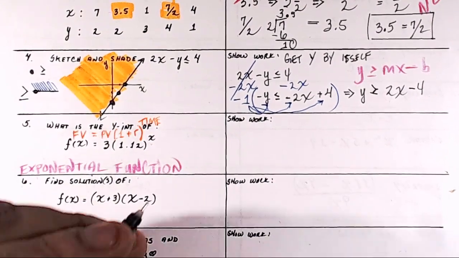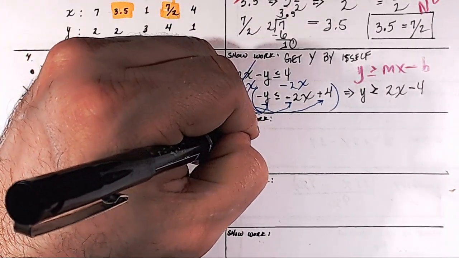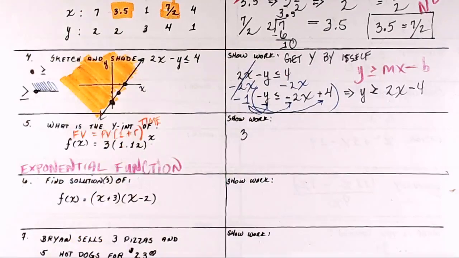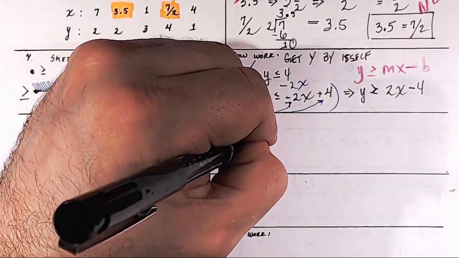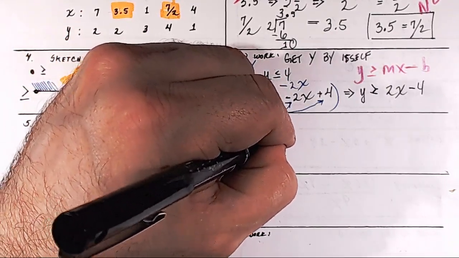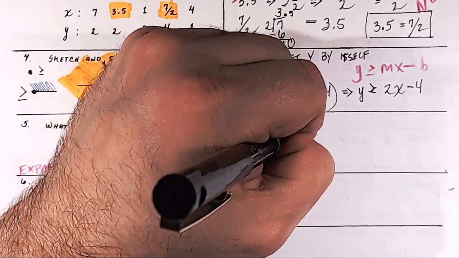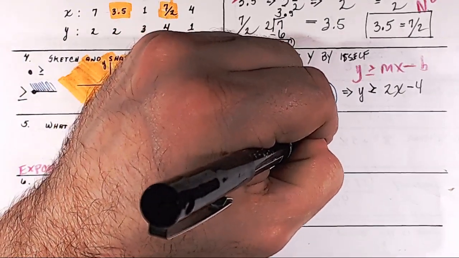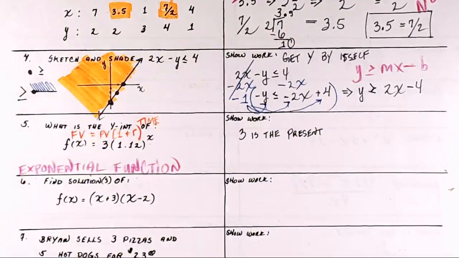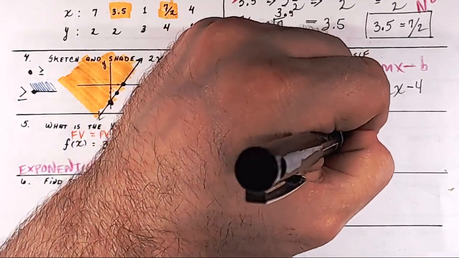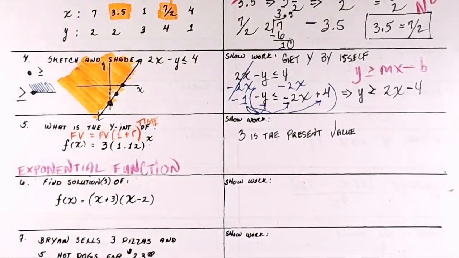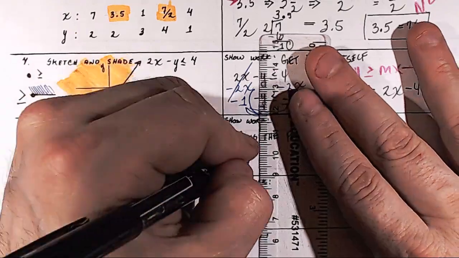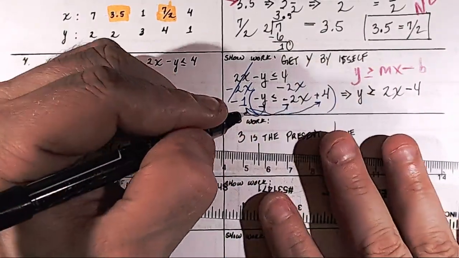Okay. So here, you say 3 is the present value. And then I'll show a little tiny graph, this small.